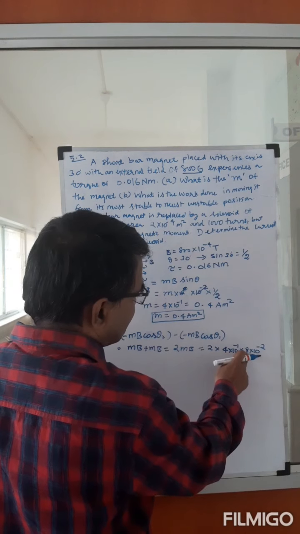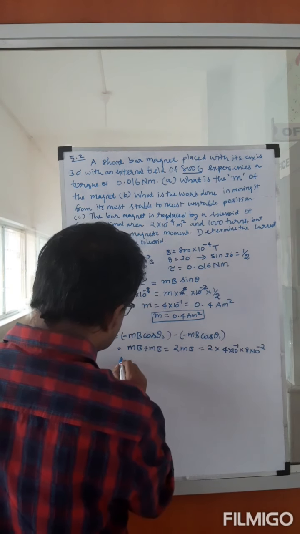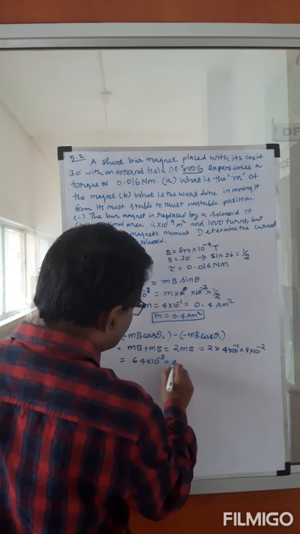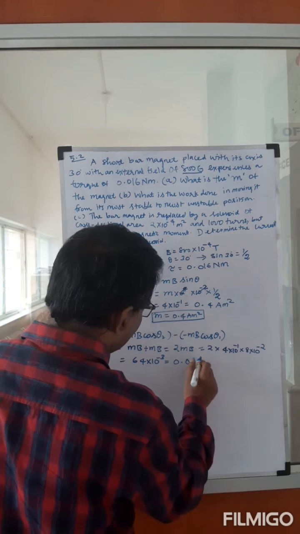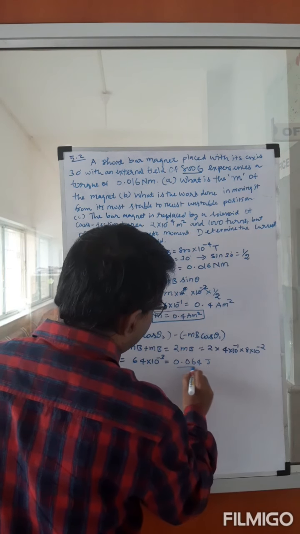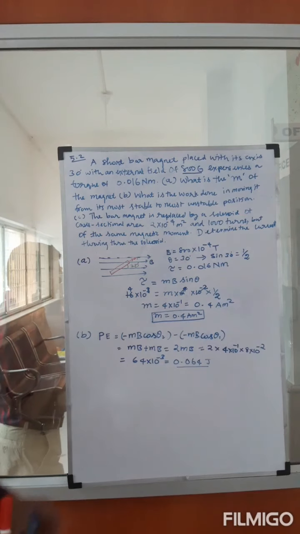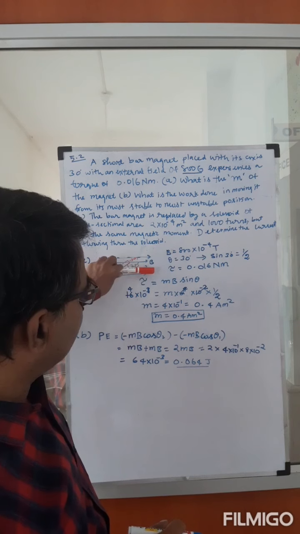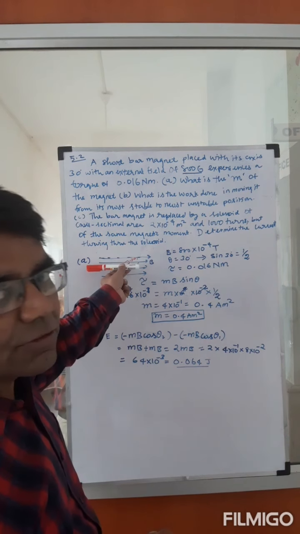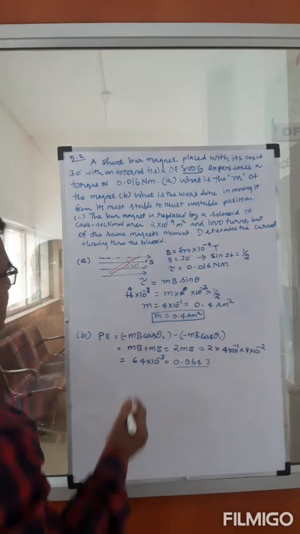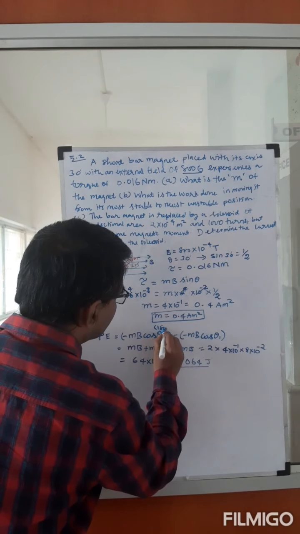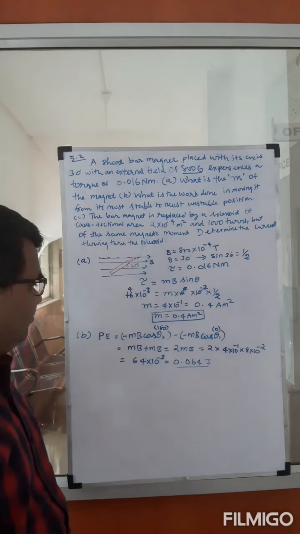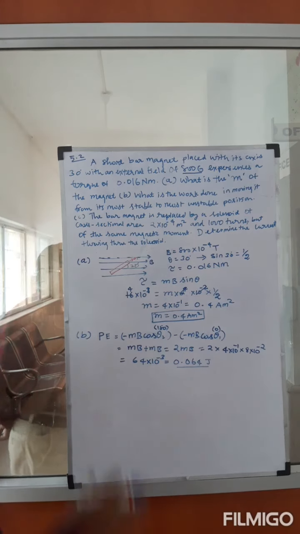So this is 8 into 8, 64 into 10 power minus 3, or 0.064 joules. This is the amount of work you need to do to move this magnet from its stable position to the unstable position, from 0 to 180 degrees. So that is part B.